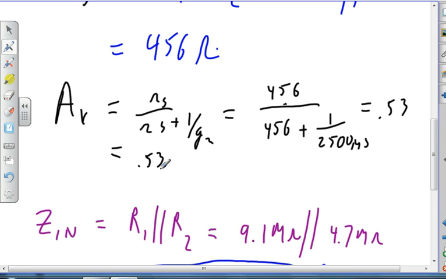I'm going to put it in my calculator again because I don't like that answer. 456 divided by parentheses 456 plus 1 divided by 2500E-6 close parentheses. Boom. Yep, got the same answer. Must be true. Okay, so 39 is done.